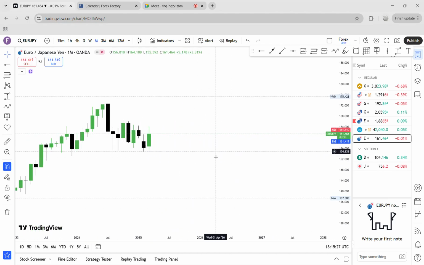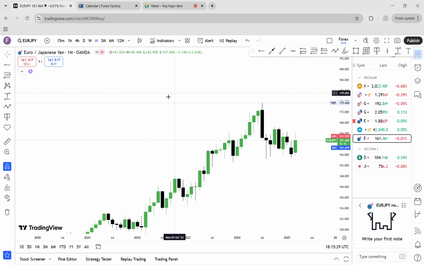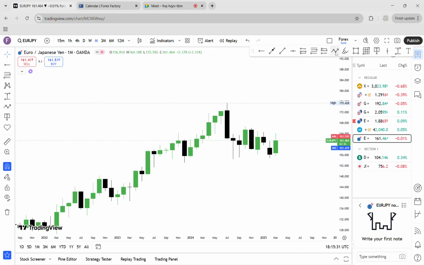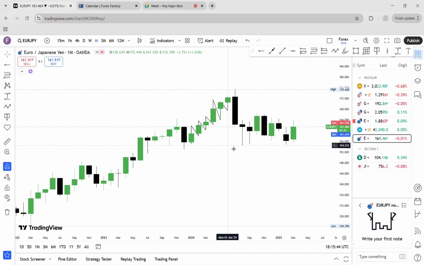Another thing you have to pay attention to is also the candles. You see all of these candles, those are market structure. They are creating higher highs, higher lows, higher highs, higher lows. So they are also market structure.